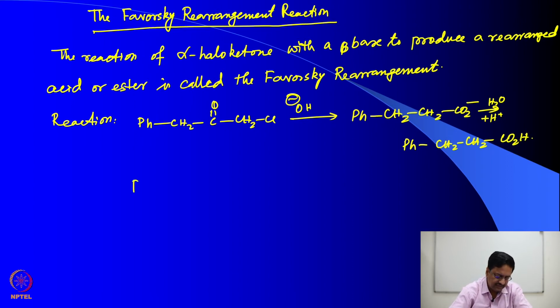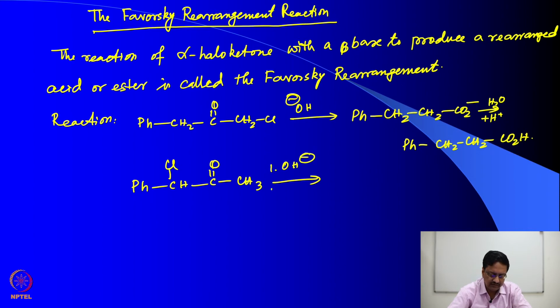Similarly, if you start with PhCHCl COCH3, you treat first with OH minus and then do hydrolysis in acidic medium, you get PhCH2CH2COOMe as your product.